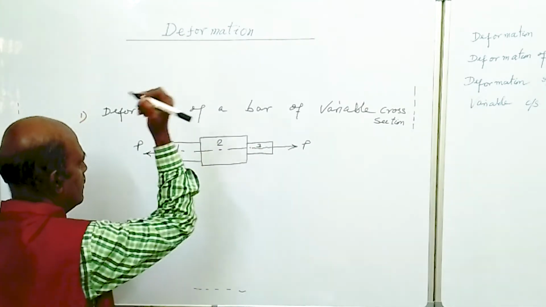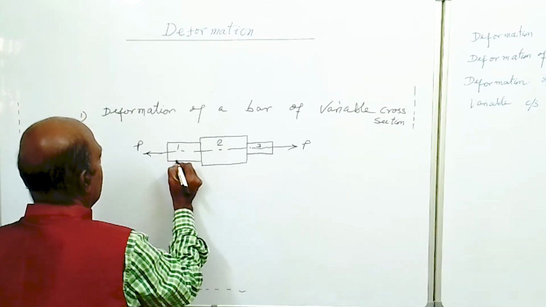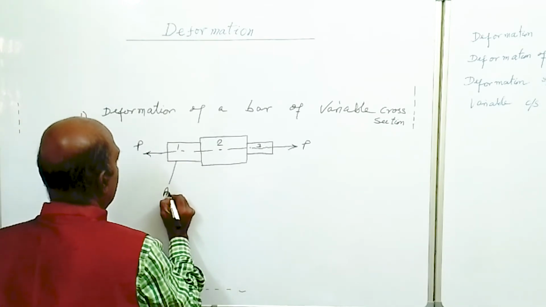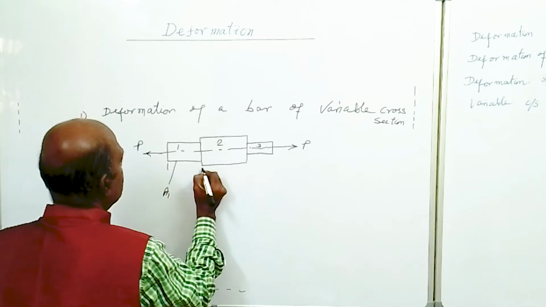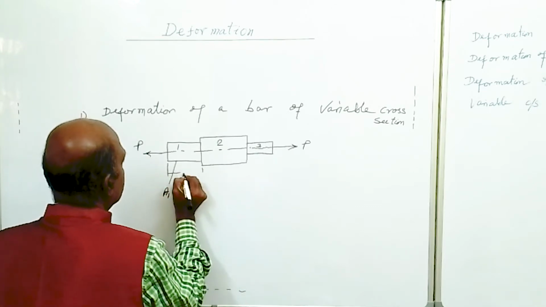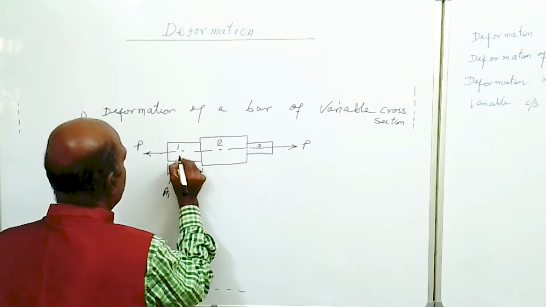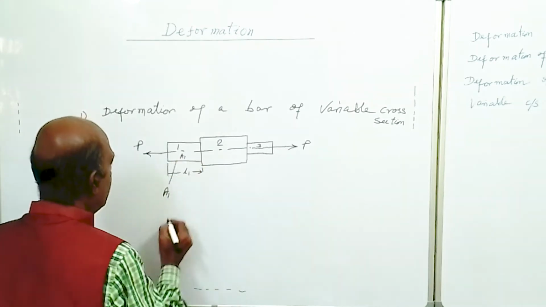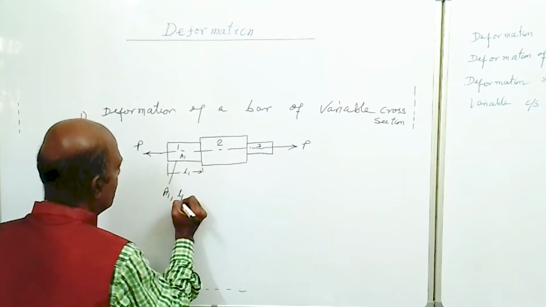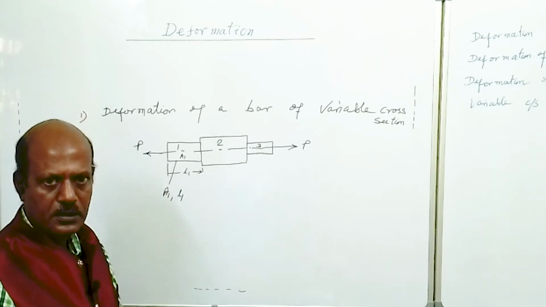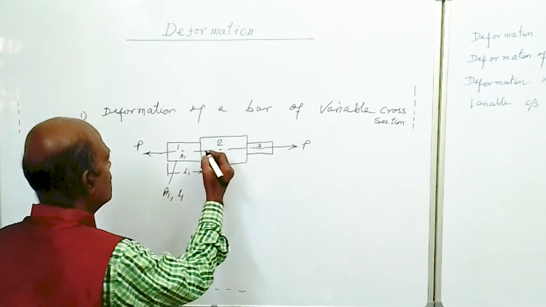Now let the cross sectional area of section 1 be A1 and the length be L1.